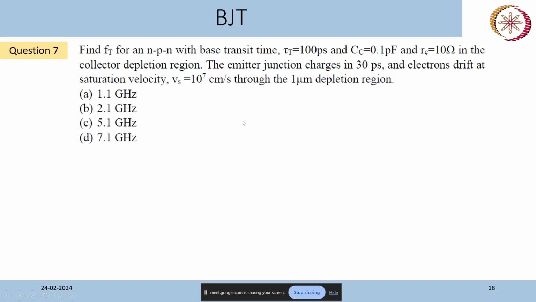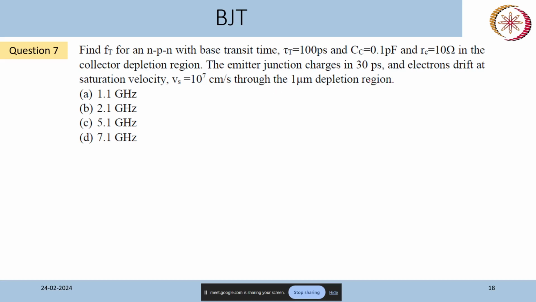Find fT for an NPN transistor with base transit time tau t as 100 picosecond, and the collector capacitance and resistance of the collector region is given. The delay in the depletion region and the emitter junction charging is 20 picosecond, and the electron saturation velocity is 10 to the power 7 centimeter per second through the 1 micrometer depletion region.